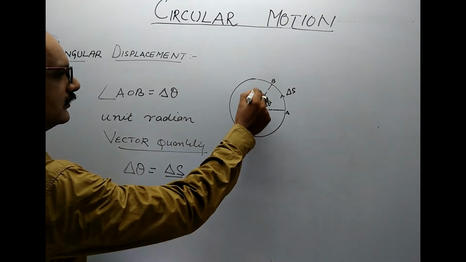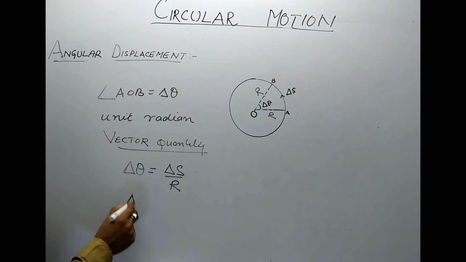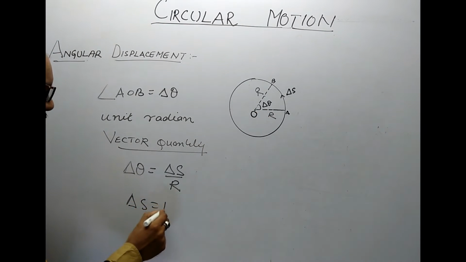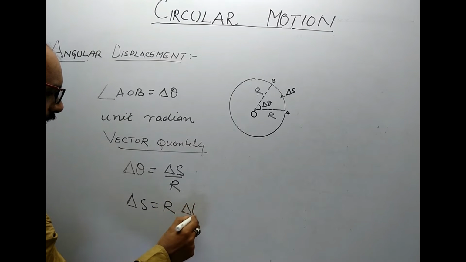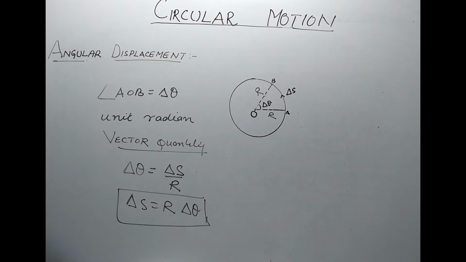This is the radius, that is delta S equal to R delta theta. This is the relationship between linear displacement and angular displacement.